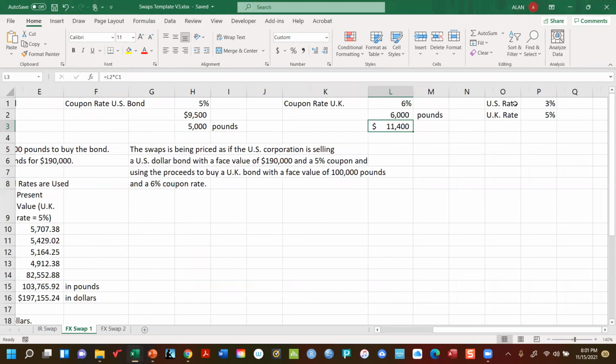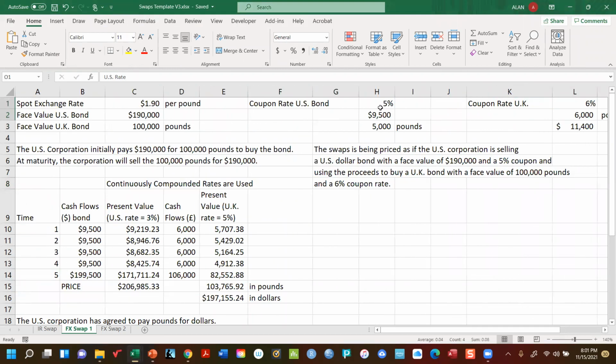And over here, it mentions the two interest rates in the two countries. The bond that we have supposedly sold is a 5% US bond based on a $190,000 face value. The coupon is $9,500 or 5,000 pounds.